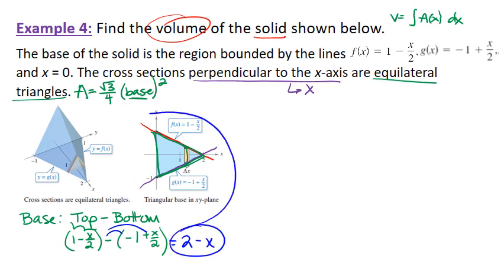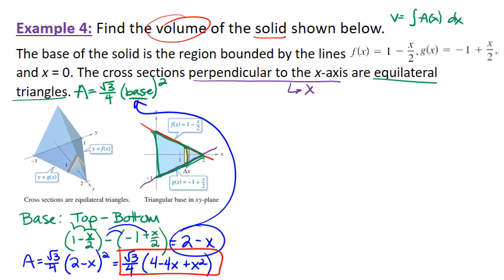I will plug that in here. So my area is root 3 over 4 times 2 minus x quantity squared. We've seen this a lot before. We can't just distribute that, so I need to take this times itself and FOIL it out. So I get root 3 over 4 times 4 minus 4x plus x squared. This is the area.